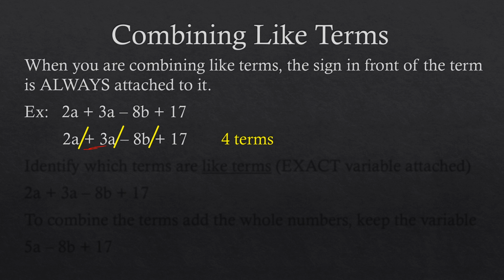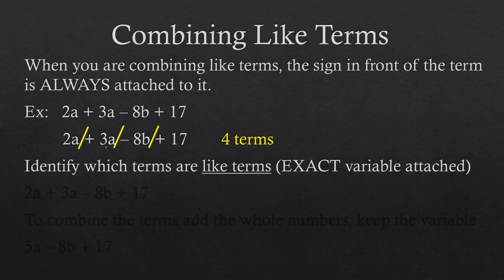And this minus sign in front of this B is attached to it. And what this does is it helps us solve these problems, because we have to know whether or not we're adding or we're subtracting. So putting those slashes helps us kind of remember that. And when we do more examples, it'll become more familiar to you.